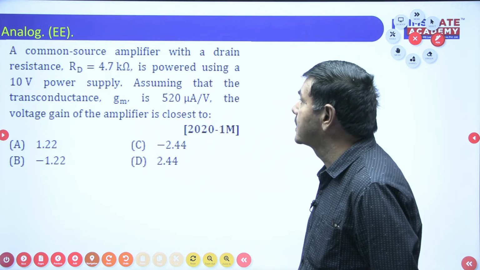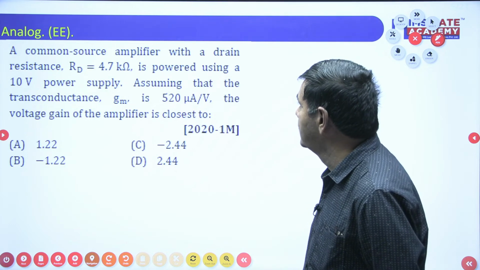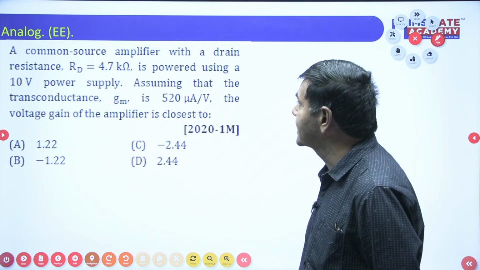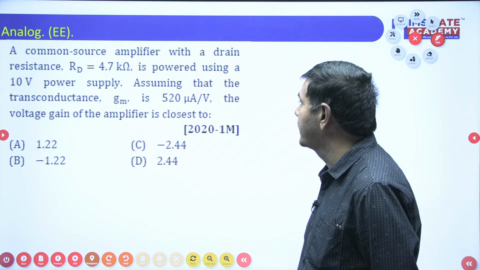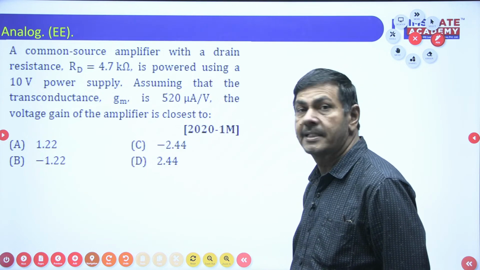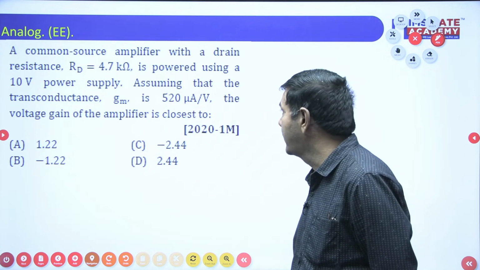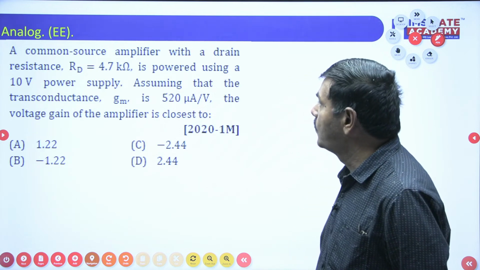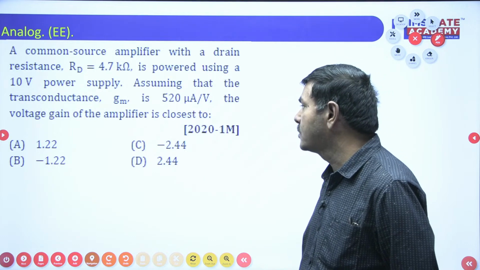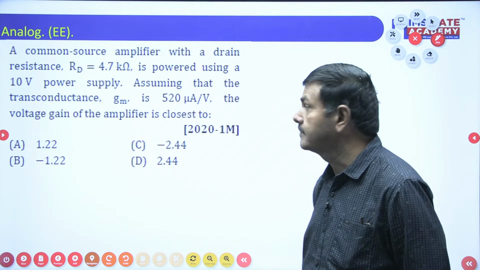The voltage is given, 10 volts here now. Assuming that transconductance GM is 520 microamperes per volt. In the problem, transconductance is given. It is 520 microamperes per volt. The voltage gain of the amplifier is closest to what value is asked to find.